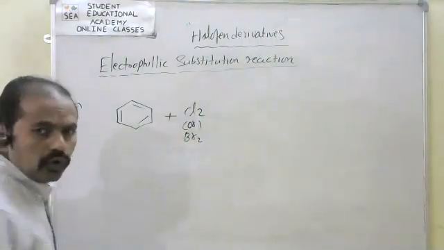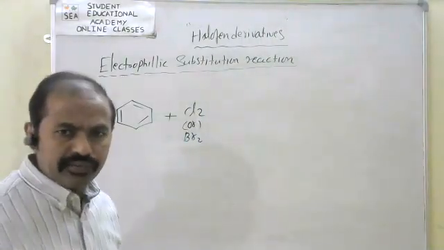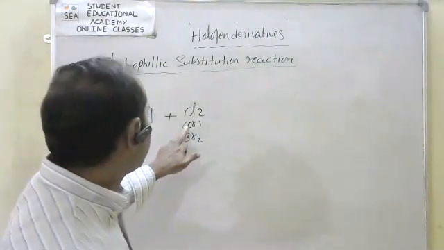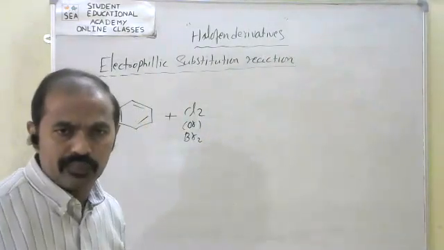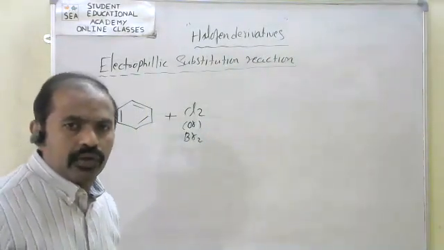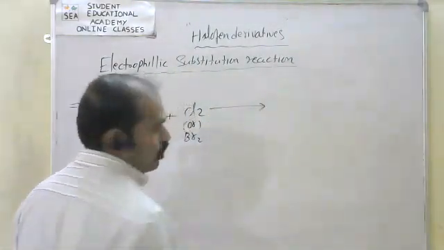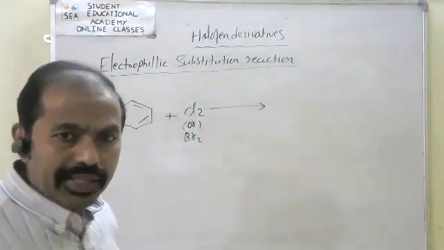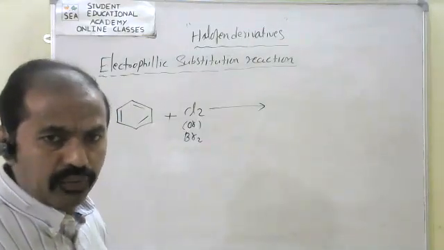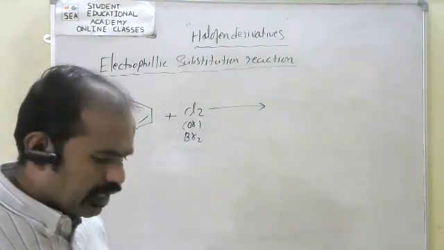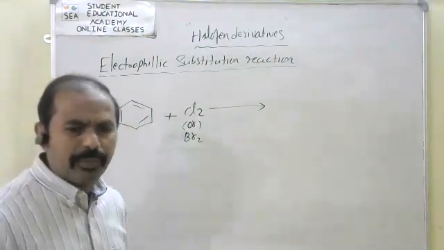If you want chlorobenzene, we take chlorine. If you want bromobenzene, we use Br2, in the presence of a catalyst. Aromatic compounds are generally less reactive compared to aliphatic ones.